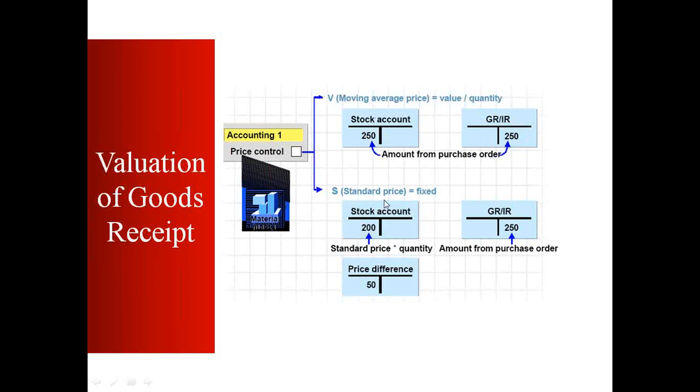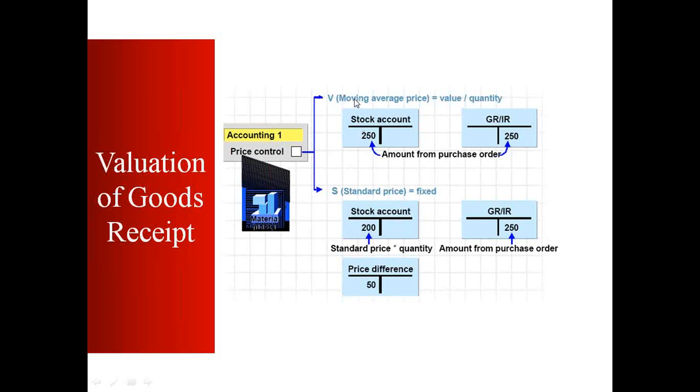But with the standard price, the system will still post the standard price. It will not care that it's 250 for 10 pieces from the purchase order. It will still post the standard price, and in the GR account it will post the 250. The price difference it will post here. So the main point to note is that in the stock account, when it is standard price, the system will always put the standard price, regardless of the purchase order value.